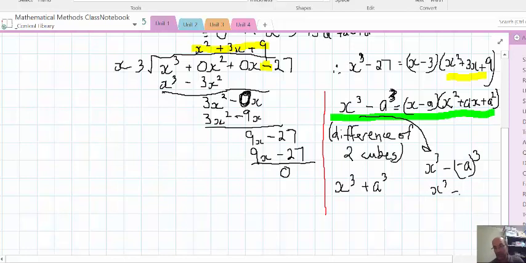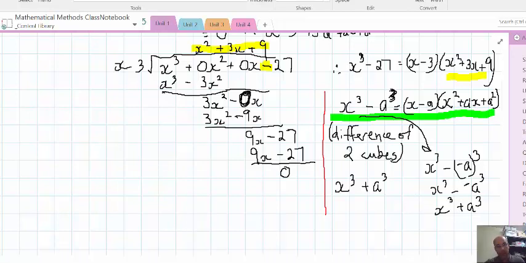Now, negative a squared is positive a squared, but negative a cubed is actually a negative quantity. So that becomes negative 1 times a cubed, and minusing a minus is plussing a positive. So that's what we're doing. We're replacing a with negative a, and it gives us that pattern there.